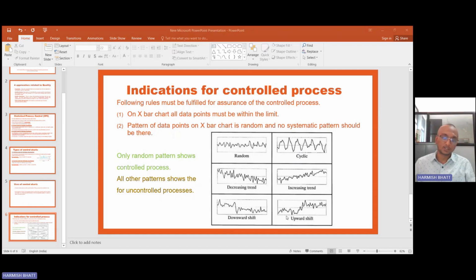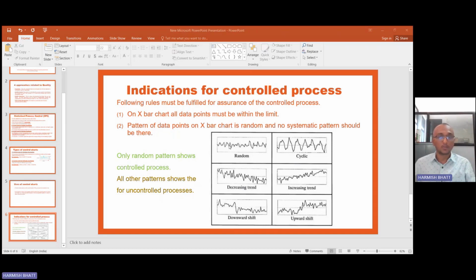All these graphs, except the random graph, are showing us the process is uncontrolled. Only the first one, the random pattern, is showing us the process is under control. So if we are getting this kind of random distribution of the data points on the X bar chart, then and only then can we say the process is under control.